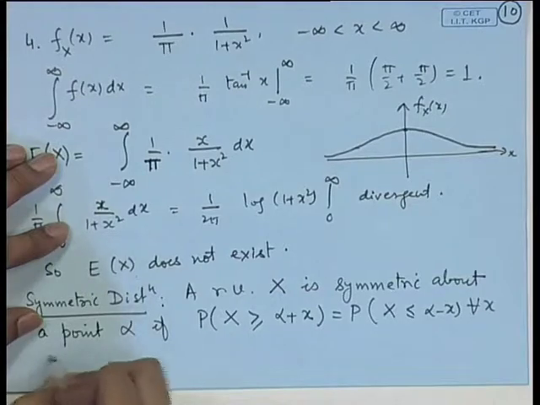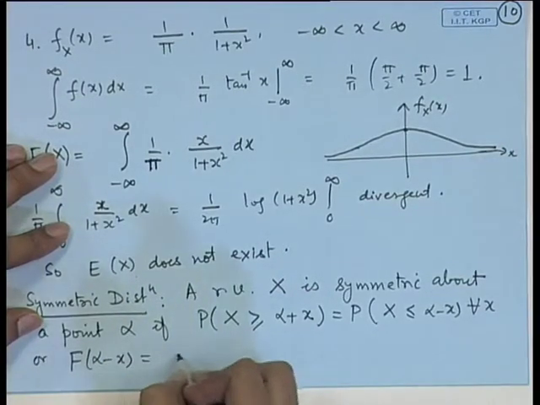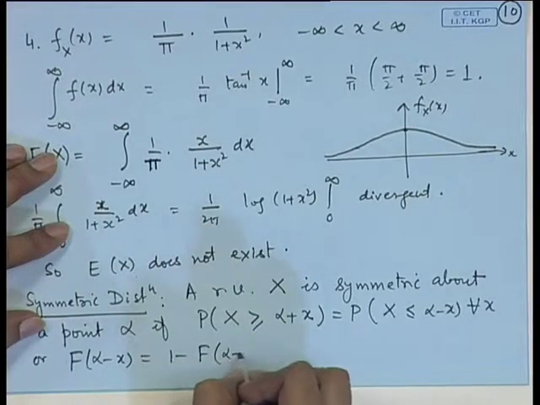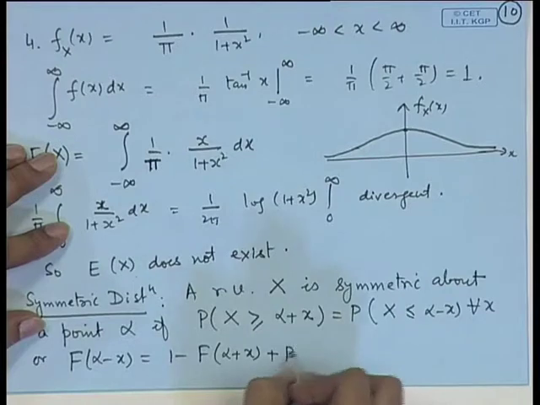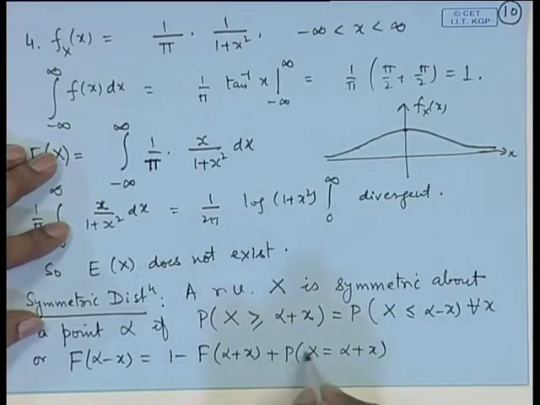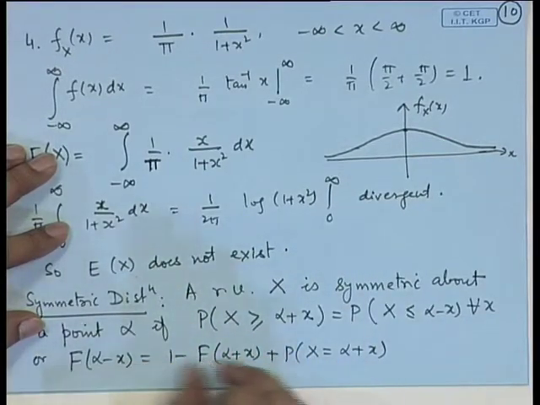In other words, we can say F of (alpha minus x) is equal to 1 minus F of (alpha plus x) plus the probability of X equal to alpha plus x. If the random variable is continuous, this term will vanish and it will be simply a relationship between the CDF at the minus and plus points.